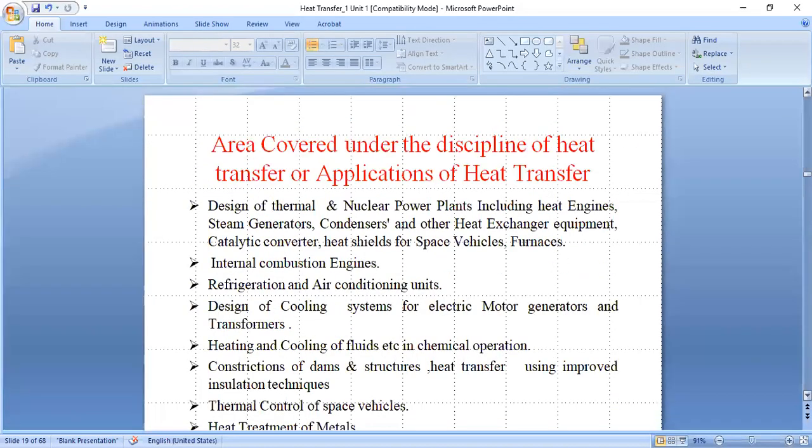These are all the major areas covered under heat transfer.